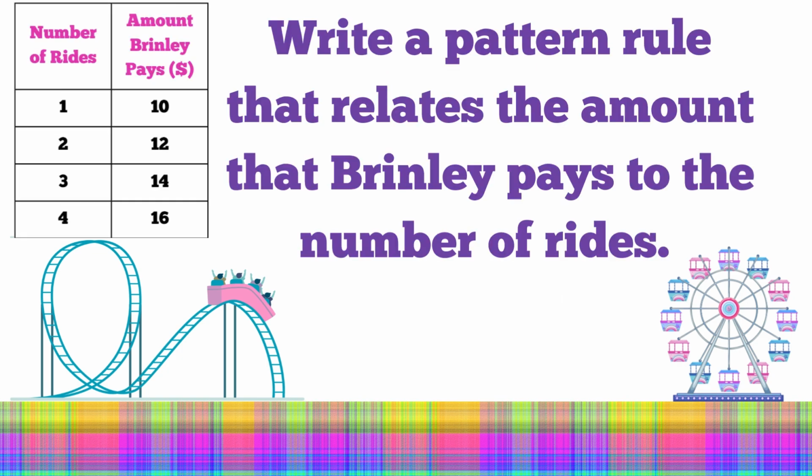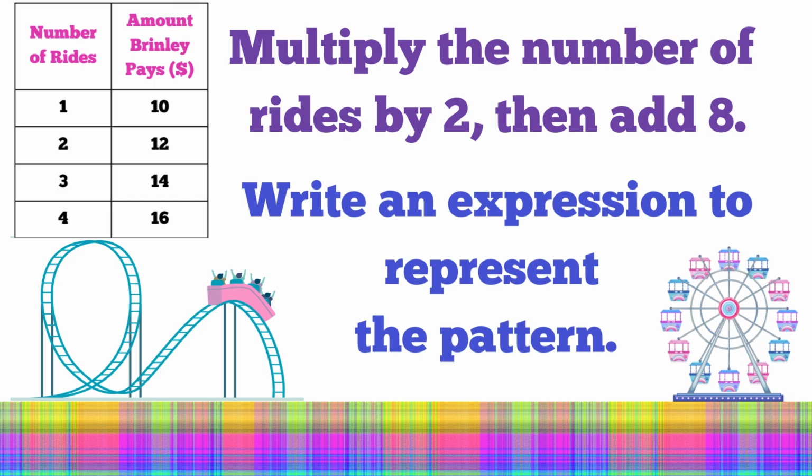Now, write a pattern rule that relates the amount that Brinley pays to the number of rides. You can pause the video and try to write this pattern rule. Welcome back. The pattern rule is multiply the number of rides by 2, then add 8.